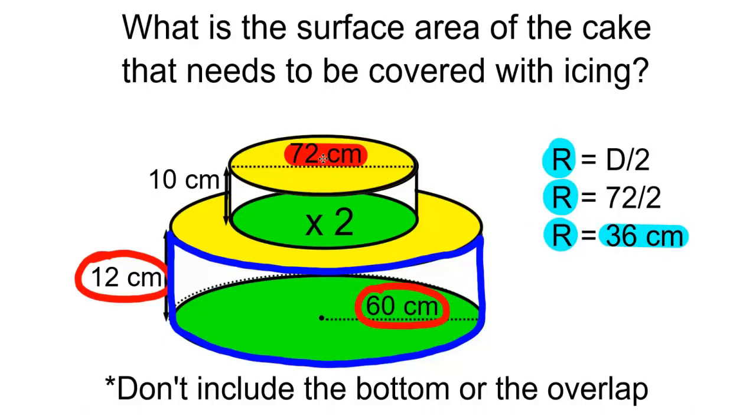Now we can get the area of the top cylinder. Remember that the height of the cylinder is going to be 10 centimeters.